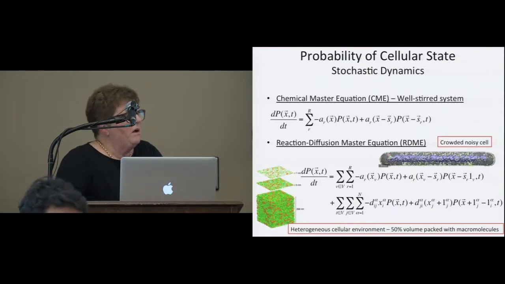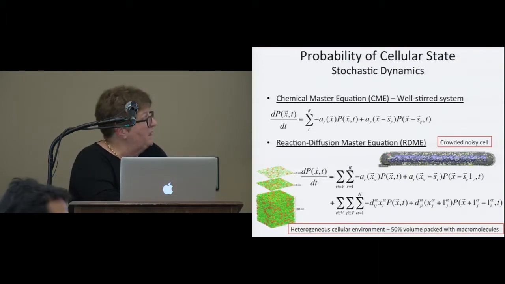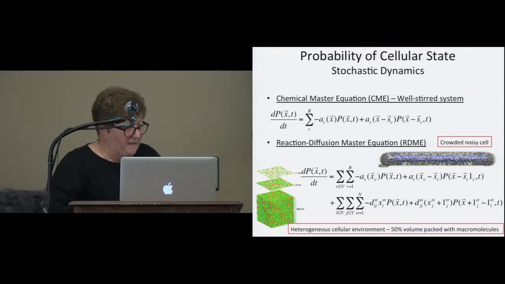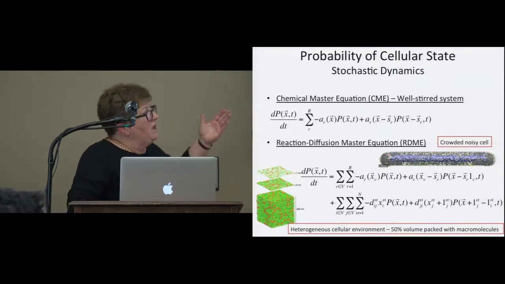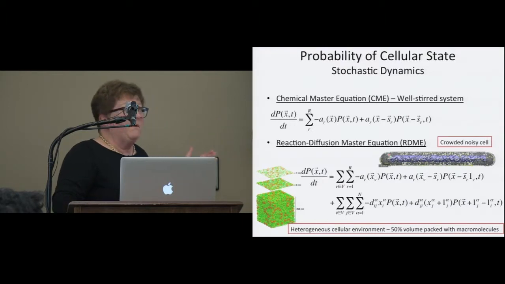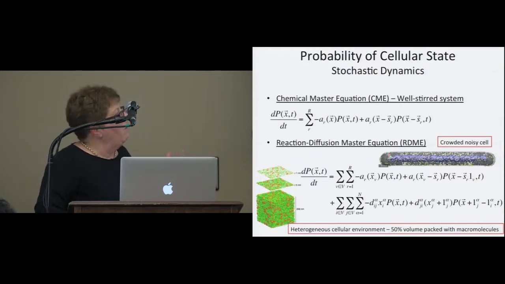If you take into account that the cell is really a very crowded and noisy place, with a lot of heterogeneity. In the bacteria, it doesn't look that bad, but if you go to a eukaryotic system, you start having at least 16 different compartments and boundaries that you have to cross in going from one to the other. So to that reaction operator, you have to add a diffusion term.